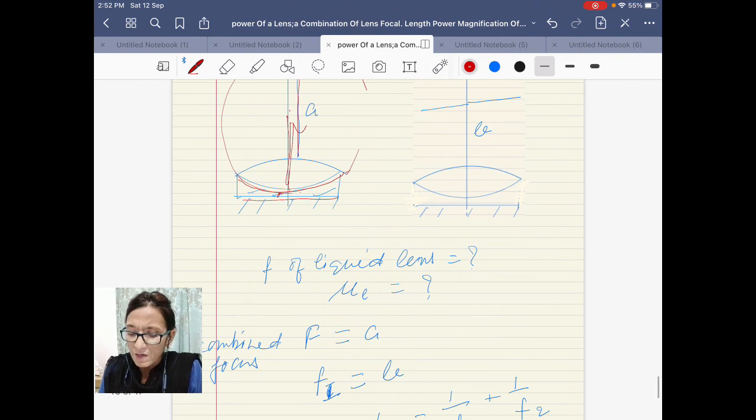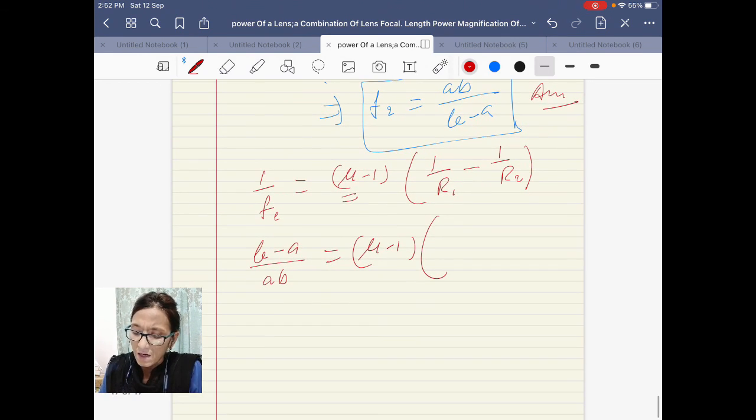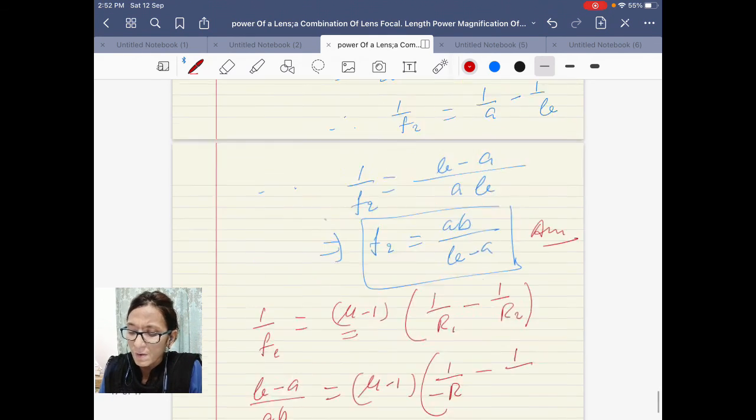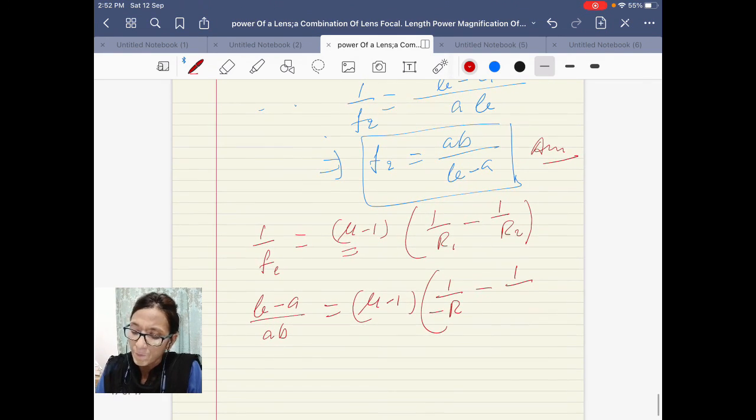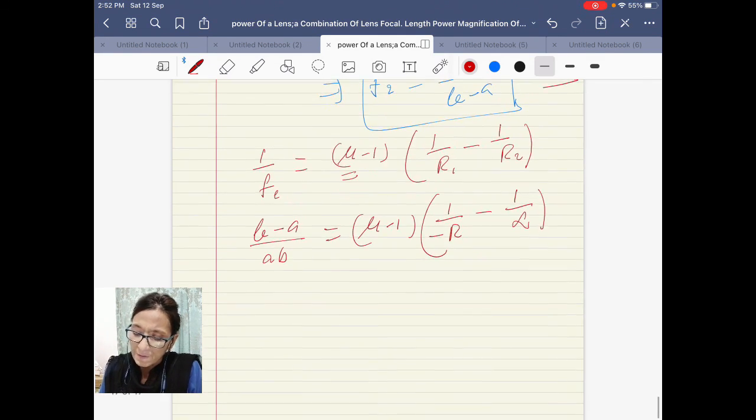So here you need to take minus R. So in place of R1, you will be writing minus R, and minus 1 by R2. What is R2? It is a plane surface, and the radius of curvature of a plane surface is infinity. So this is your infinity.